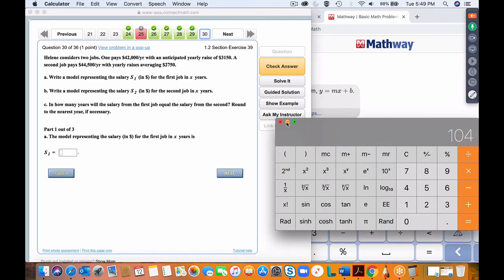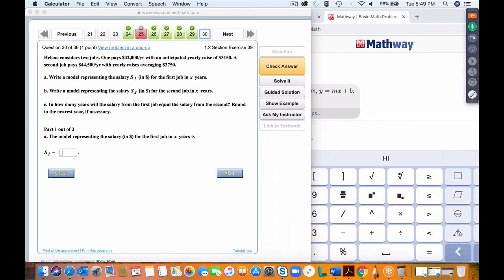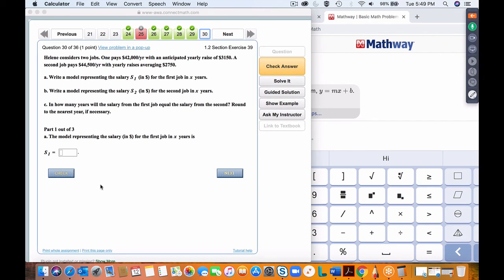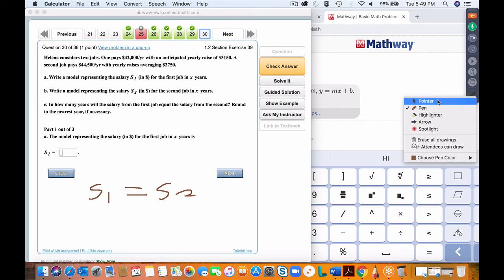Now the idea here will be a little more challenging, but remember that in the end, first we have to write the equation. At the end we have to find S1 equal to S2, and then find x. When this condition happens, we find x.